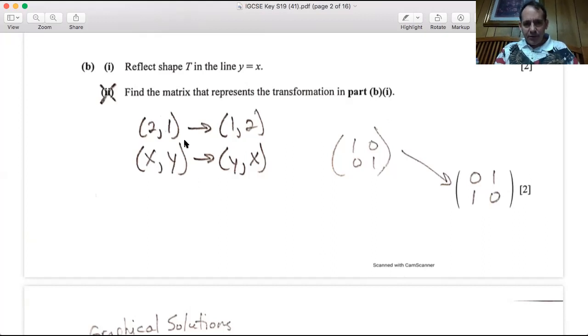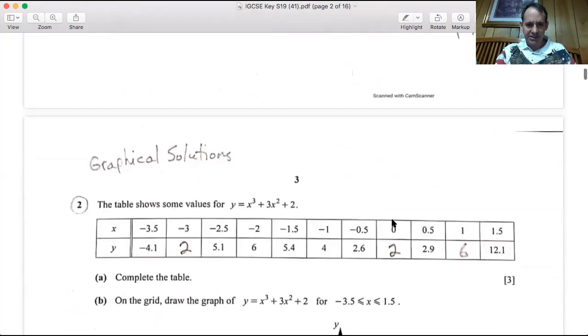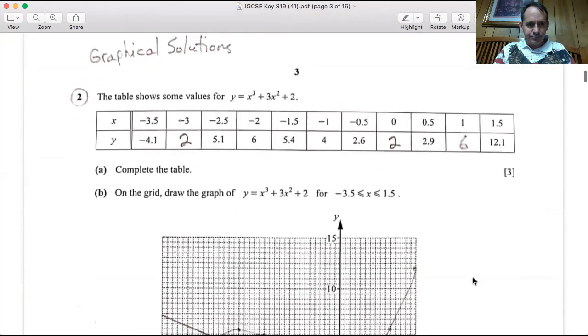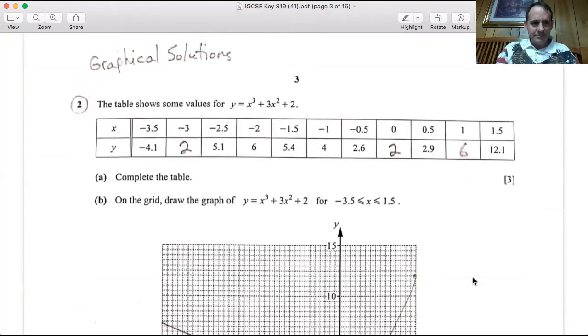Okay, so if you take 2, 1 and multiply it by 0, 1, 1, 0, you will get 1, 2 as your answer to that multiplication. So you can double check it with matrix multiplication. Okay, that was for free because you don't have to do it. For those of you who like to learn extra things.